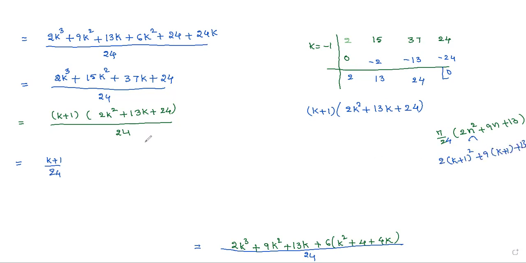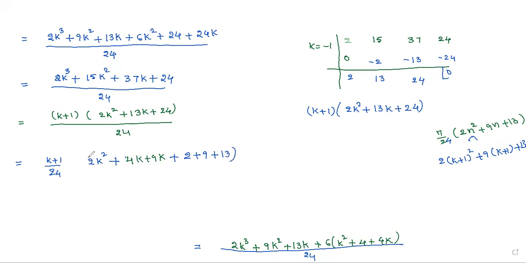I will write 2k square plus 13k, write as 4k plus 9k, also 24 written as 2 plus 9 plus 13.